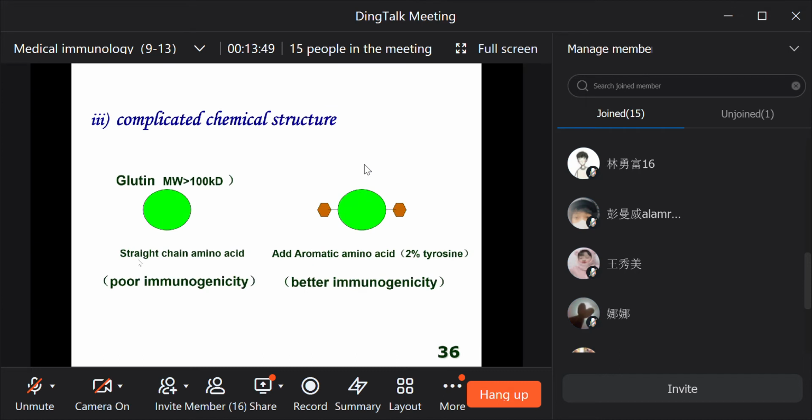And the third one is the complicated chemical structure.